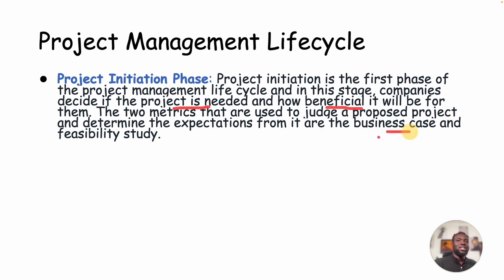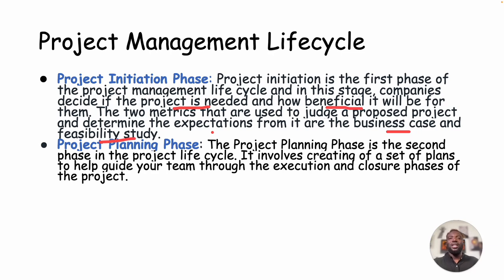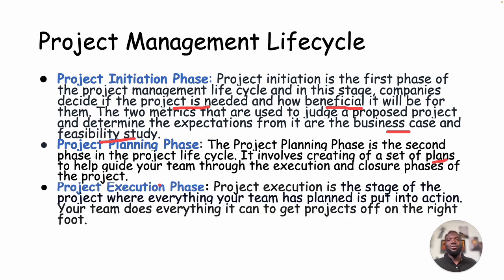Things like business case, as I mentioned, feasibility study, is can we even do this project, right? And then planning phase, as I said, the second phase where you would then create a project plan that would help you guide the implementation through to the project closure. And execution is when you do everything in your project plan.